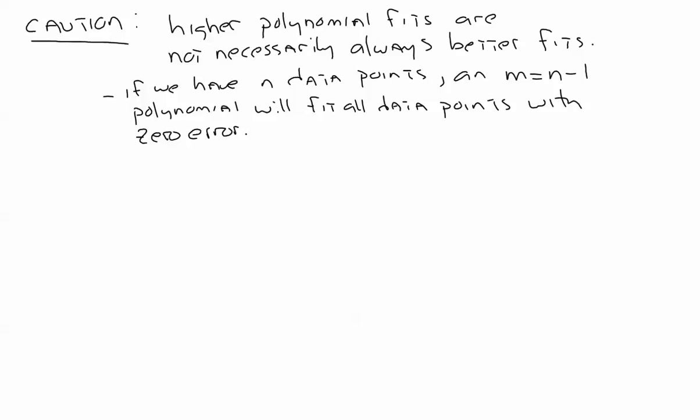If we have n data points and an m equals n minus 1 polynomial, we'll fit all of the data points with exactly 0 error. I'm going to show you an example in just a second.